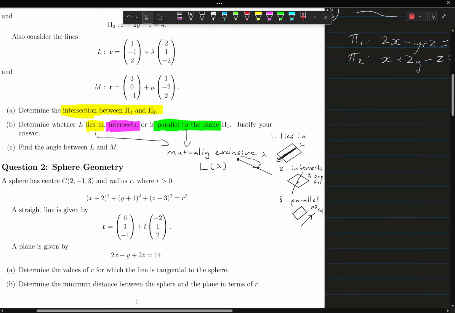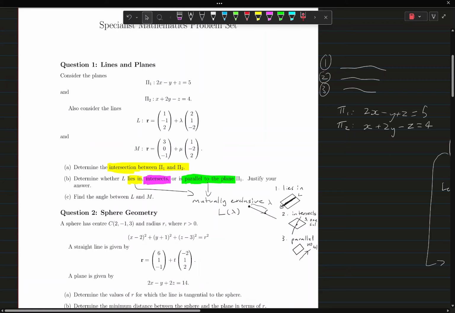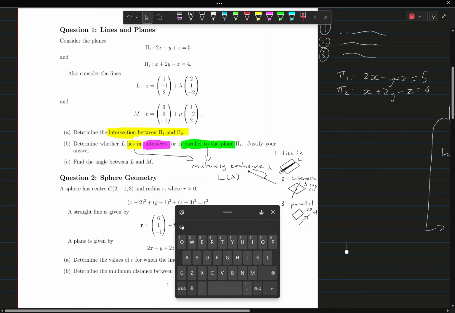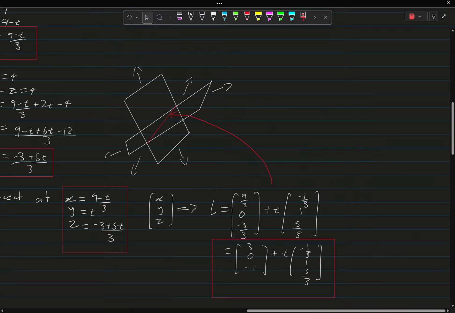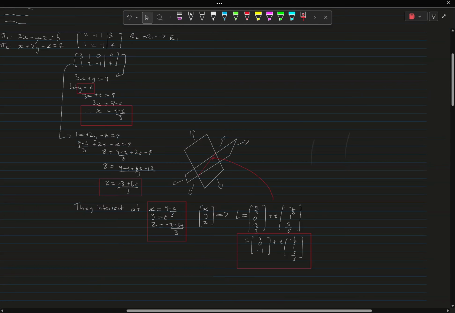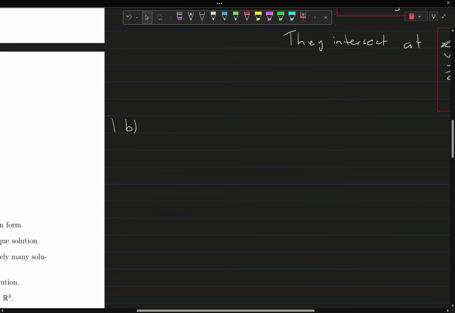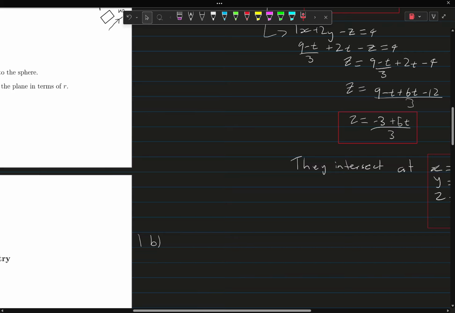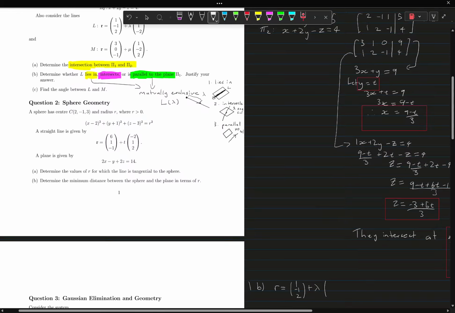So what we do is we just substitute the components of L into the equation for the plane. So let's go over and do that. L had the equation r equals (1, -1, 2) plus lambda (2, 1, -2).